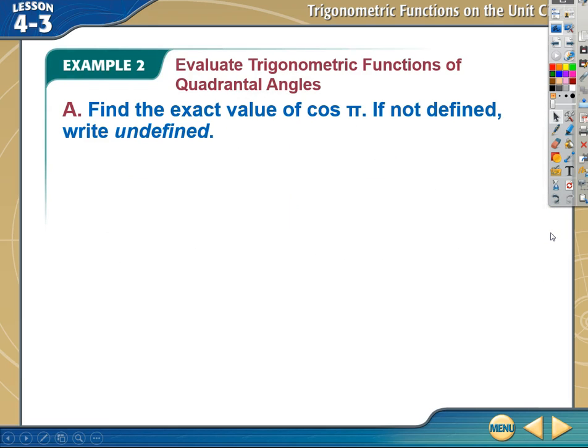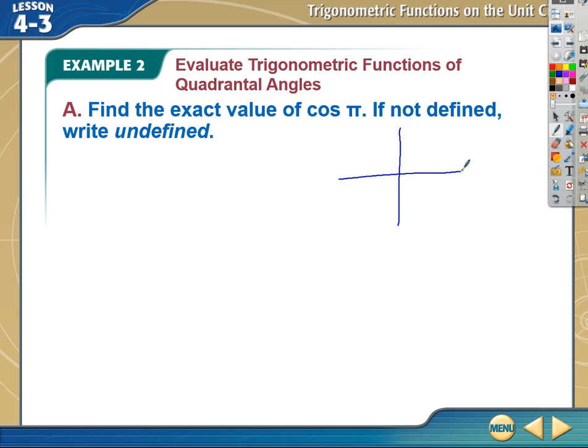All right. It says find the exact value of cosine of pi. If not defined, write undefined. Okay. Cosine of pi. So this is from my unit circle. I have to know what my unit circle was.